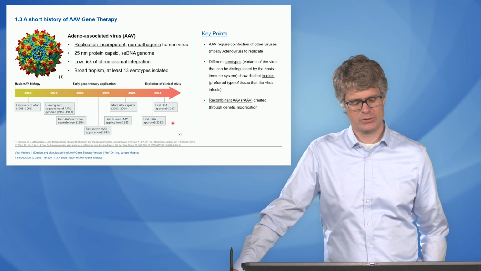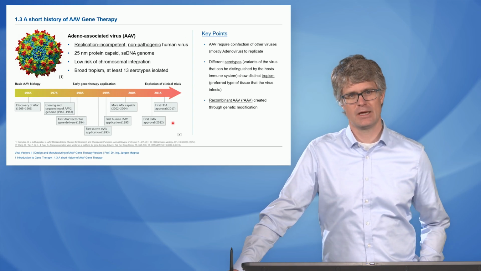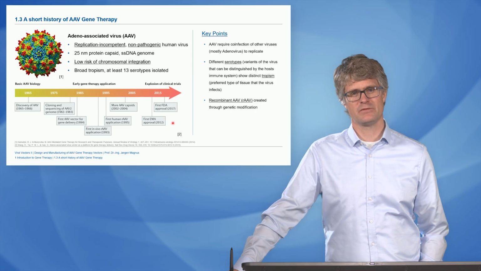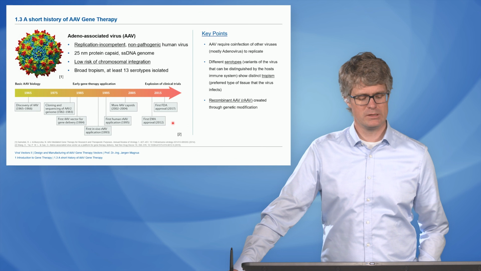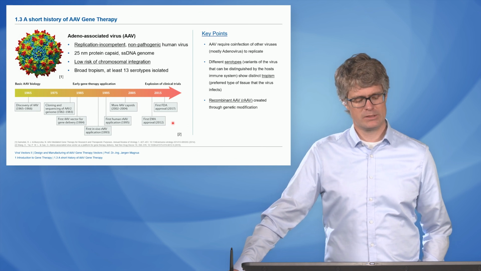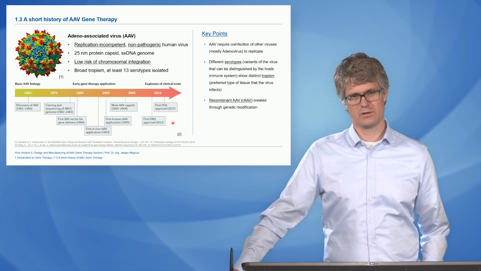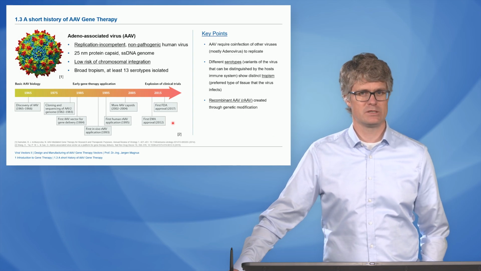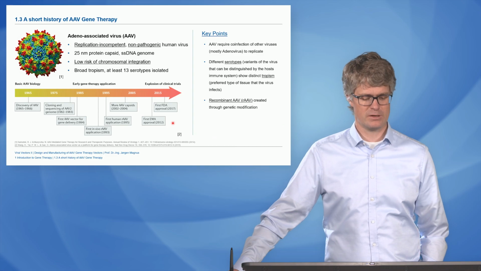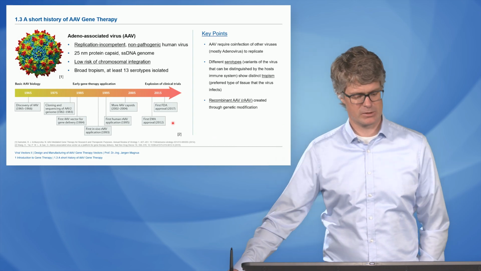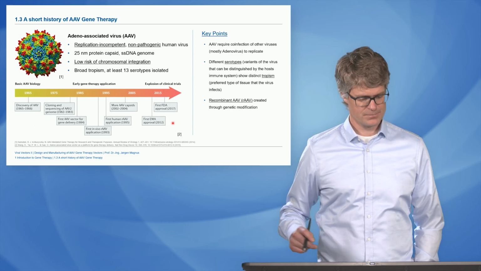It has also been observed in cell-based assays that there can be chromosomal integration, but it's very, very seldom. It has, to my knowledge, not been observed in human beings. But there is a very, very small risk of chromosomal integration, which is different, for instance, from lentivirus, and is a huge benefit in the risk assessment and the safety aspect of adeno-associated virus.